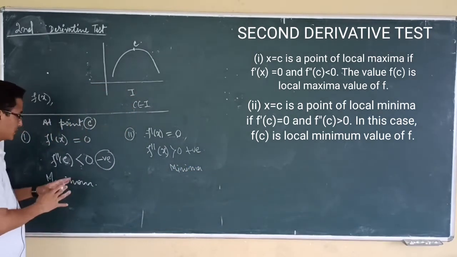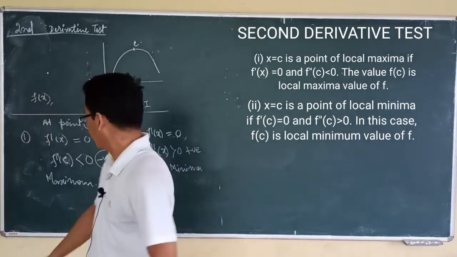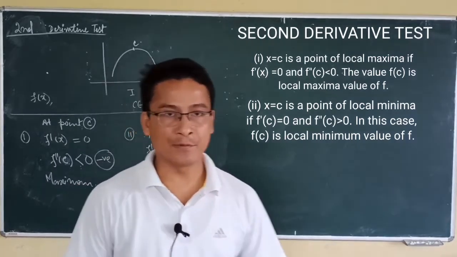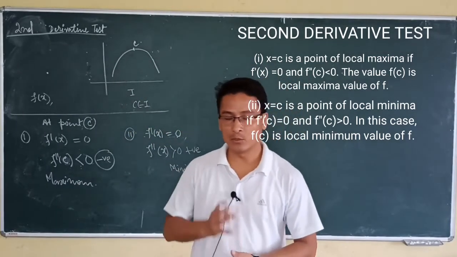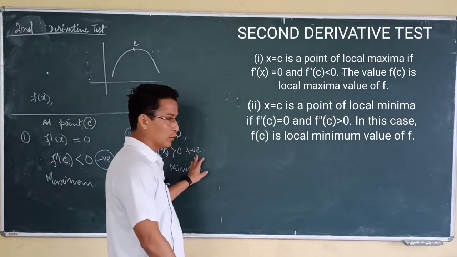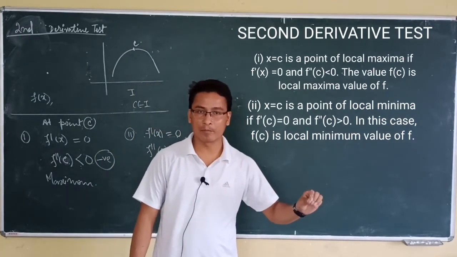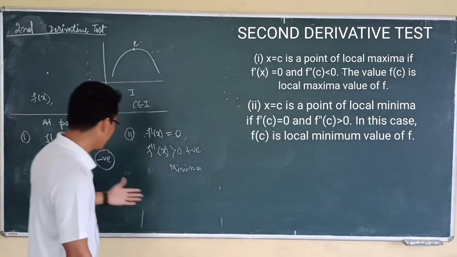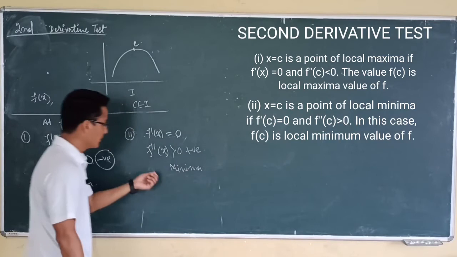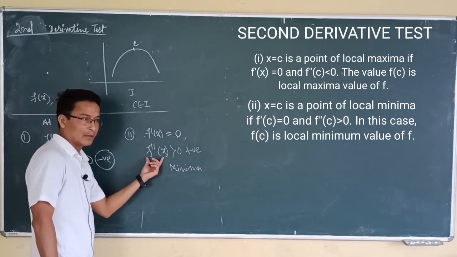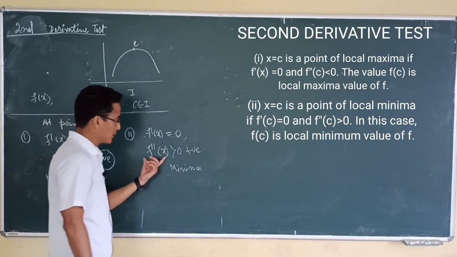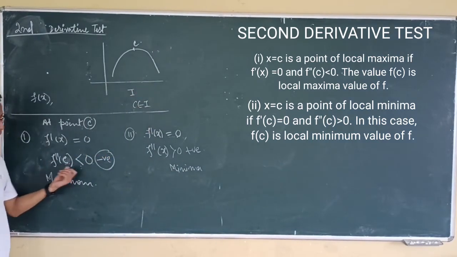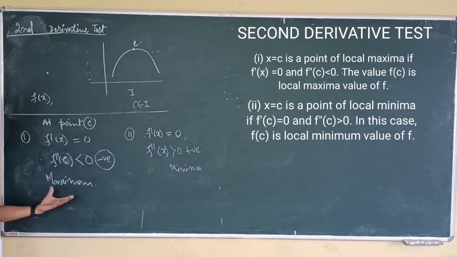So try to understand: when f double dash x is negative, you get the maximum. Positive value, then minimum. In the second order derivative, positive gives minimum, negative gives maximum.